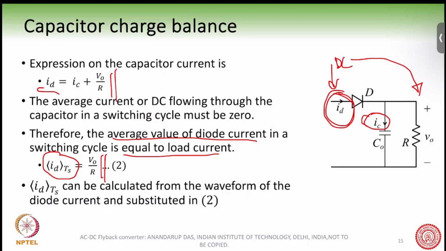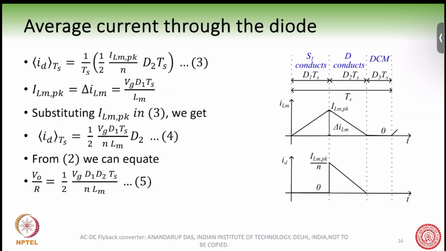Now, how do we know what ID average is? We have already drawn the diode current, which we have shown in the previous slide, and from there we know the average value of the ID current.